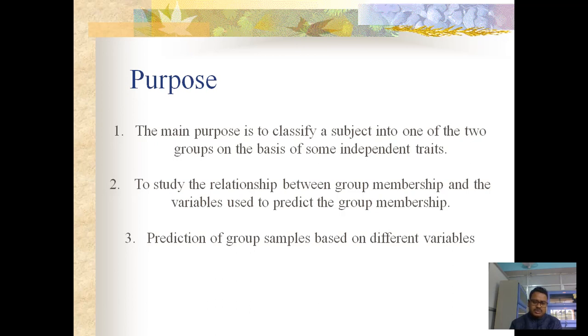Is there any relationship between the two groups? For that purpose also, we use the multivariate analysis, which is known as linear discriminant function analysis. Thirdly, prediction of group samples based on different variables. It is the same thing. So based on some characteristics, we try to predict a number of group samples, isn't it? So those are the three purposes of performing linear discriminant analysis.